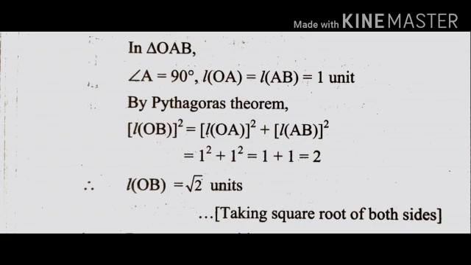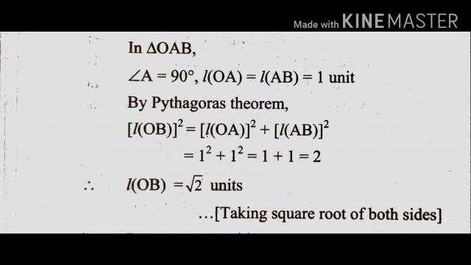So, in triangle OAB, measure of angle A is equal to 90 degrees and length of OA is equal to length of AB, which means 1 unit.